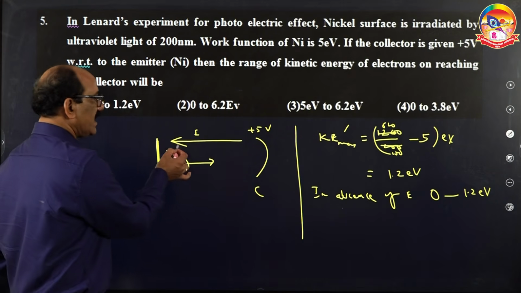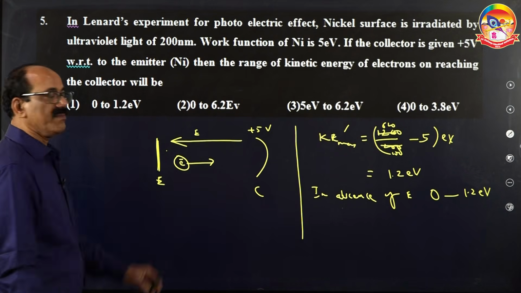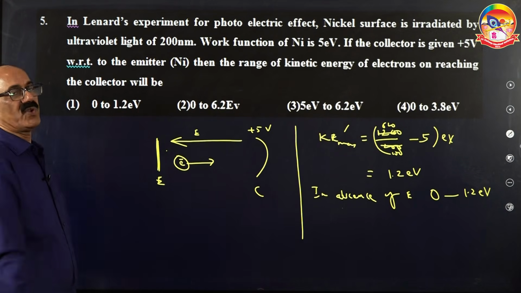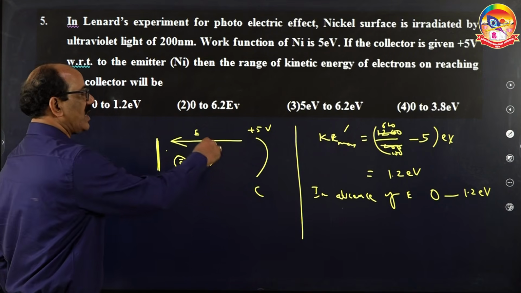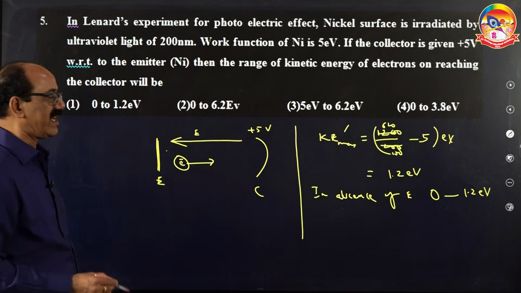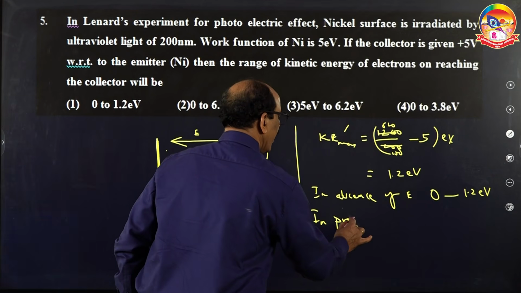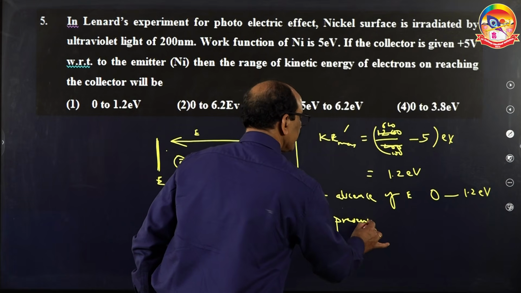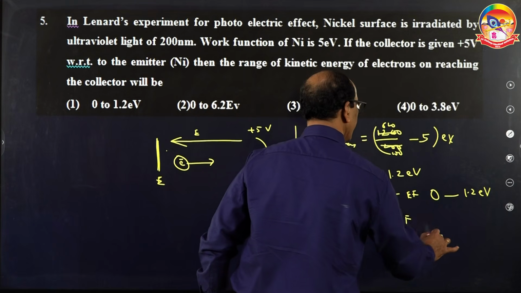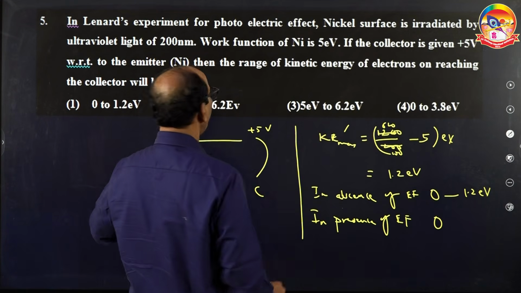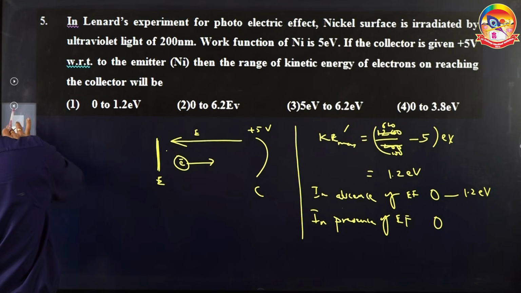But with this electric field applied, that is giving positive potential to the collector with respect to the emitter, they accelerate all photoelectrons, the photoelectrons with 0 kinetic energy and those with maximum kinetic energy. Therefore, in presence of this electric field, the range of kinetic energies becomes 5 to 6.2 electron volt, because every electron gets accelerated.